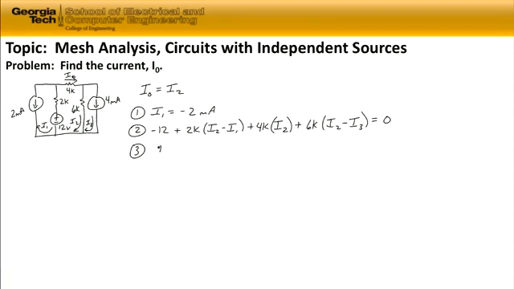Namely, I sub 3 is equal to 4 milliamps. So we know I1, we know I sub 3. We could plug both of those into our second equation, and we can find I sub 2. And so we find I sub 2, which we said is equal to I sub 0, is equal to 2.67 milliamps.